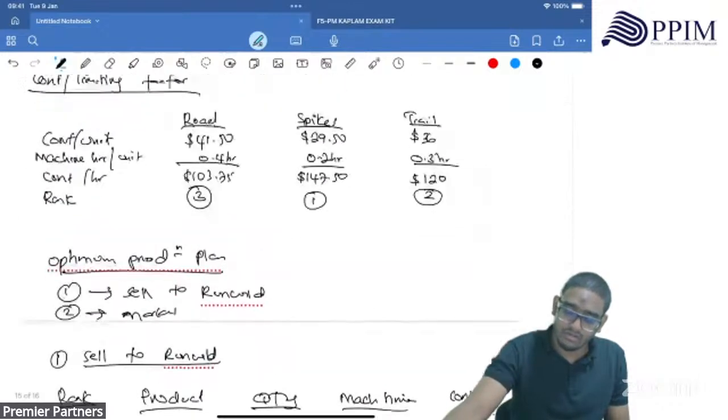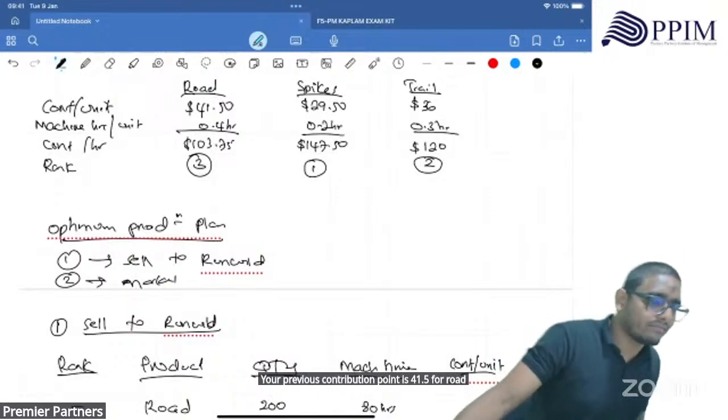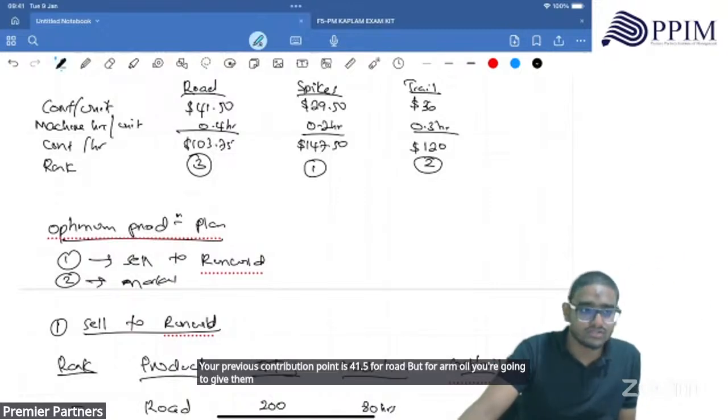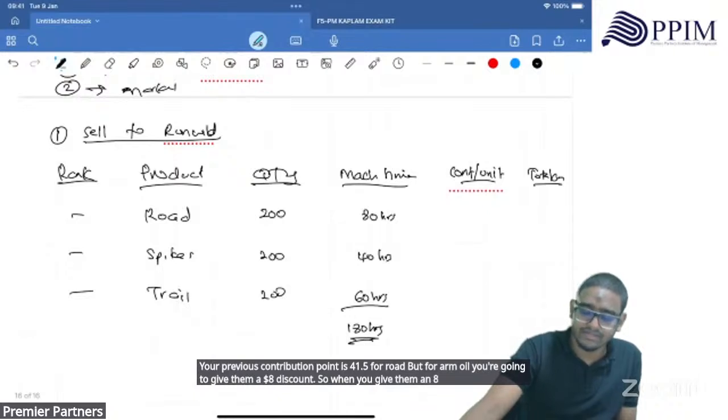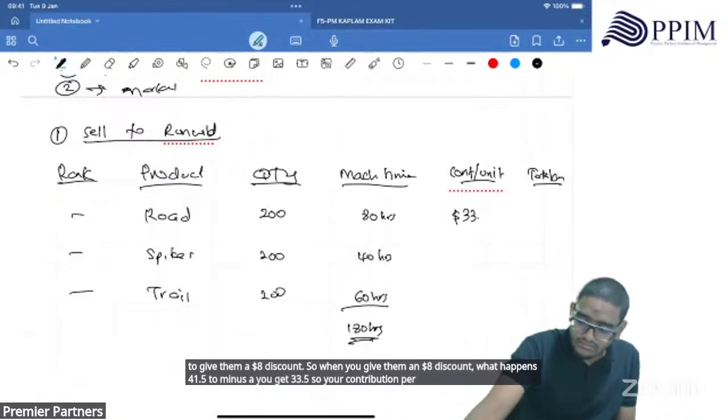Your previous contribution per unit is 41.5 for road. But for Runwild, you're going to give them an $8 discount. So 41.5 minus 8, you get 33.5. So your contribution per unit here would be 33.5.